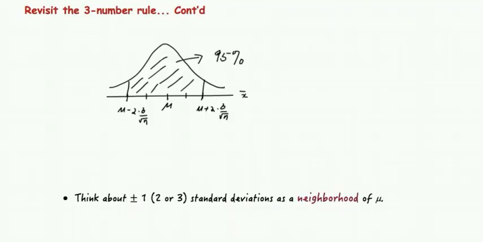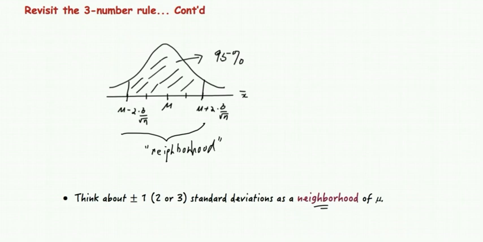Another concept that we want to pay attention to in the three-number rule is the concept of neighborhood. So this distance between -2 standard deviations and +2 standard deviations, we can informally call a neighborhood of mu.